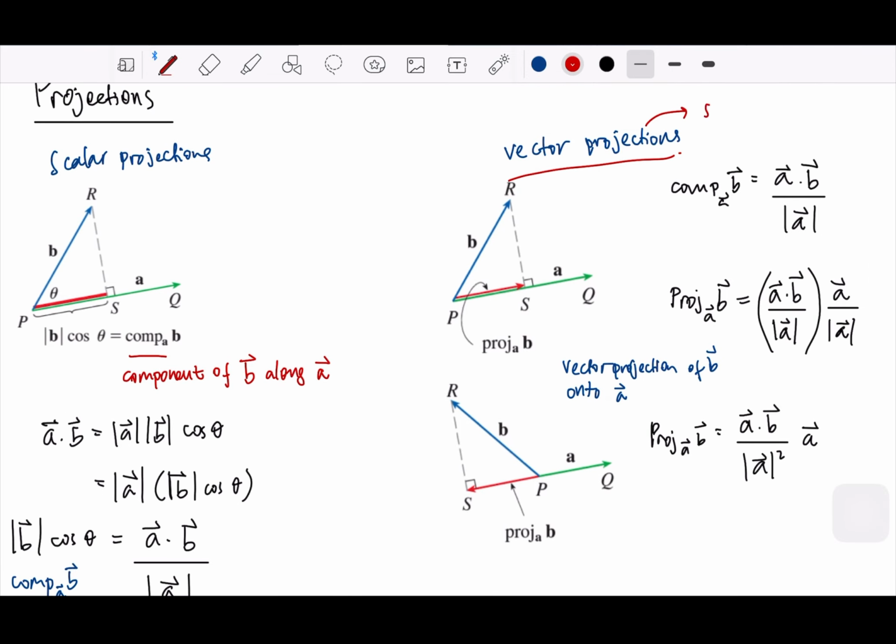Vector projection means the scalar multiplied with the unit vector.